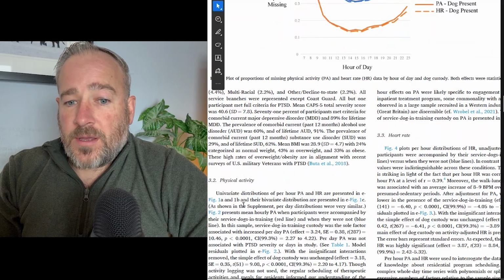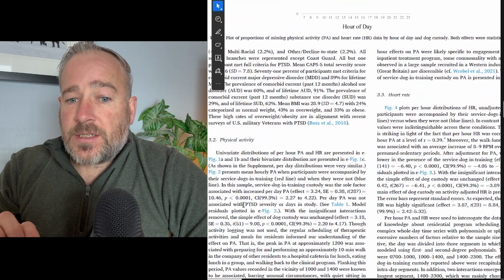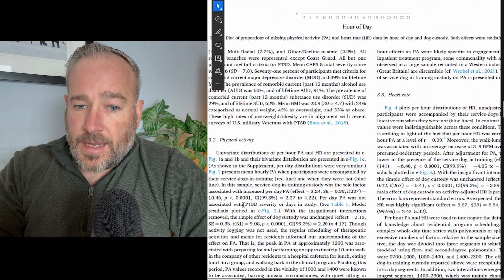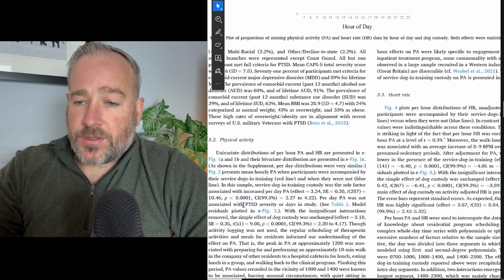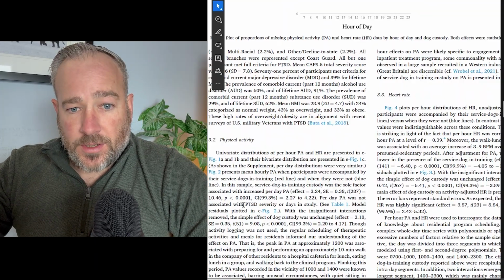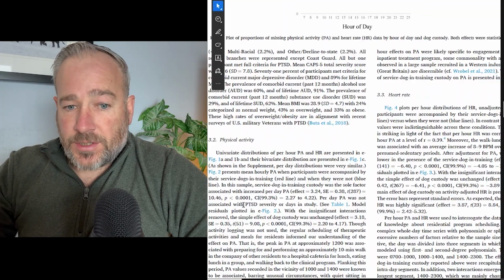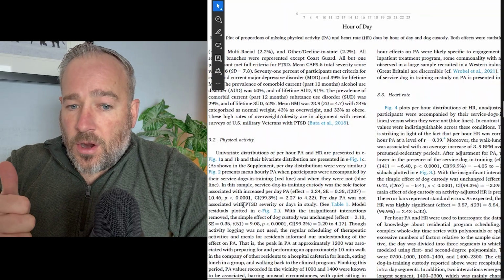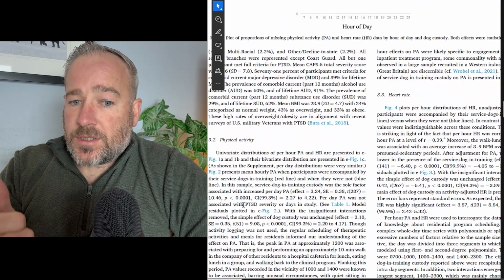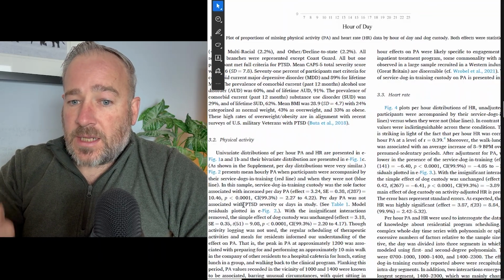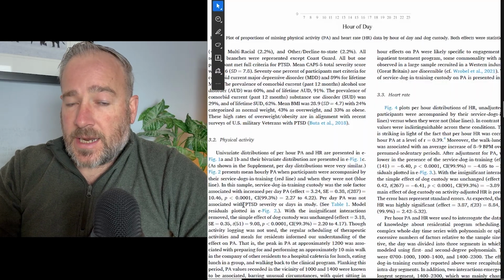So here are the key findings. Physical activity was higher on days when participants had the service dog. No interpretation, doesn't say why it matters, just the fact. Heart rate, once adjusted for activity level, was slightly lower on dog custody days.